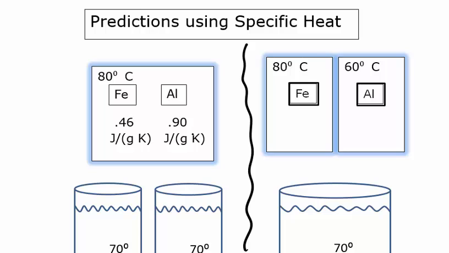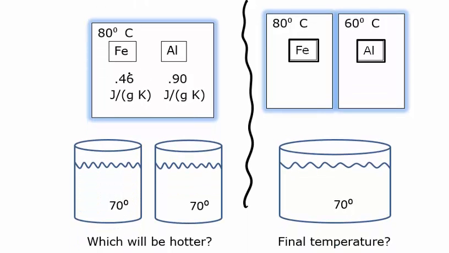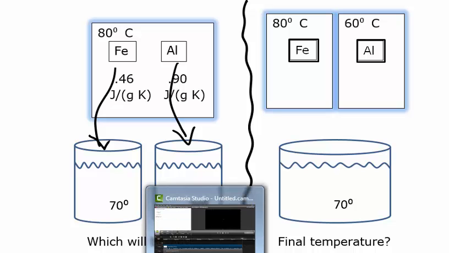Now let's say they're sitting in that oven, we leave them there long enough until the iron and the aluminum are both at 80 degrees, and then we drop them each into a container of water that is at 70 degrees, and let them equilibrate. So they're both at 80 degrees, so they will both heat up that water. But the question is, after they have finished heating it as much as they're going to, which one of them will be hotter?